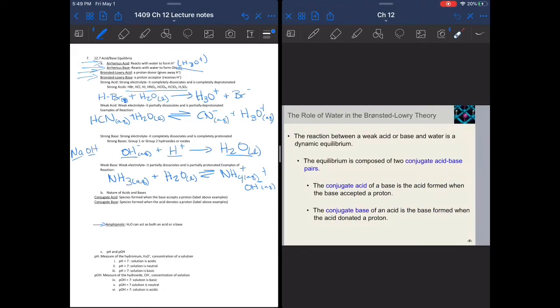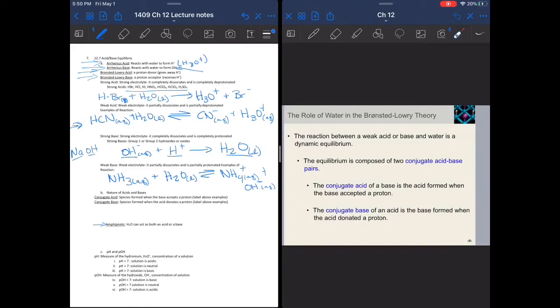Conjugate acid-base pairs. It's especially important when we're looking at an equilibrium because the reverse reaction is also occurring. Because it's dynamic, you're always going to have something called a conjugate acid-base pair. So if we take a look at, say, I'm going to jump back up here.